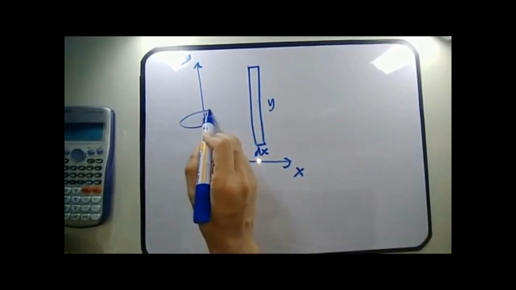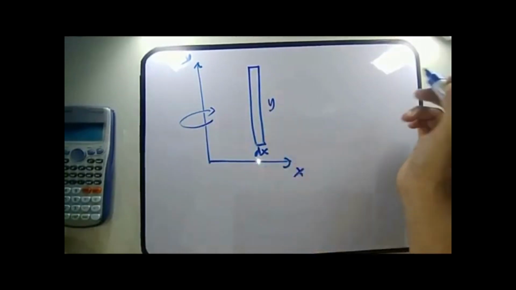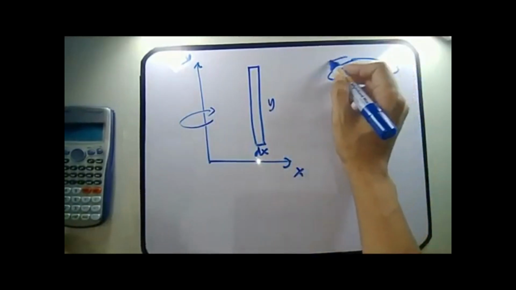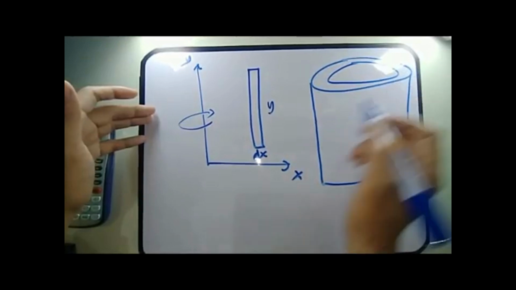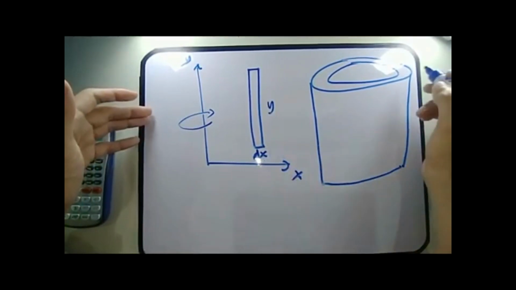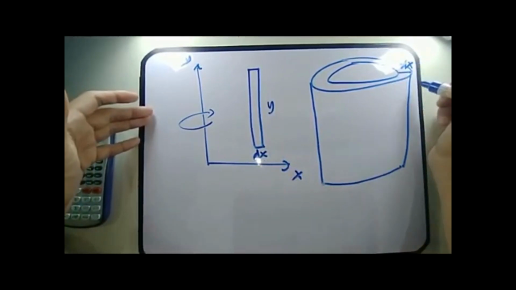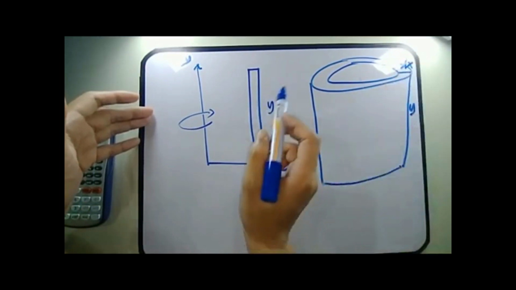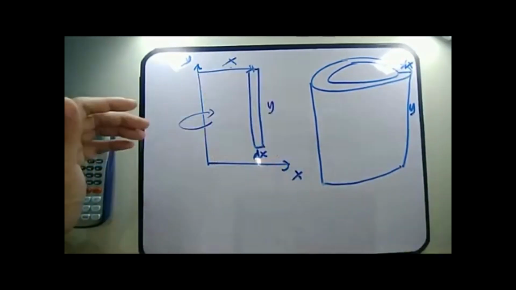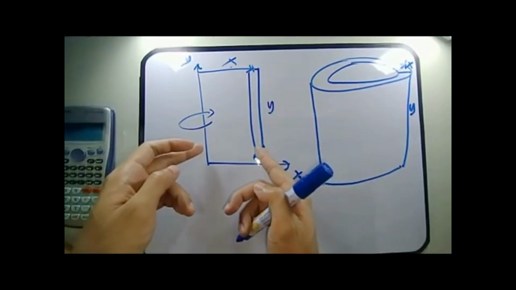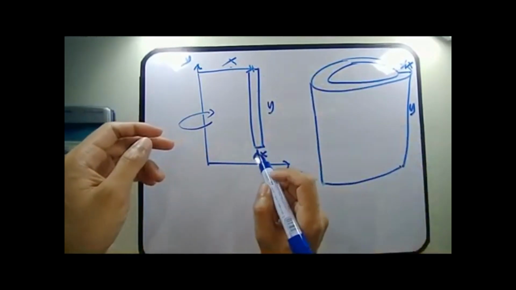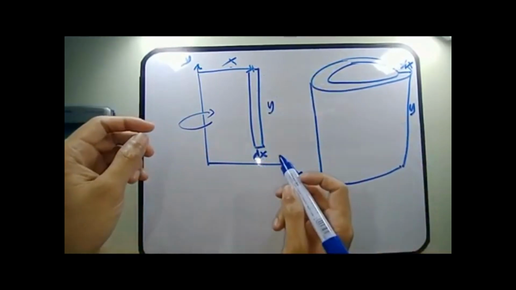We form a hollow cylindrical shape. Its thickness, guys, is dx, as we can see in the figure. This height will be y, and this distance here will be x. So this is distance x, this is height y, and the strip thickness is differential x.